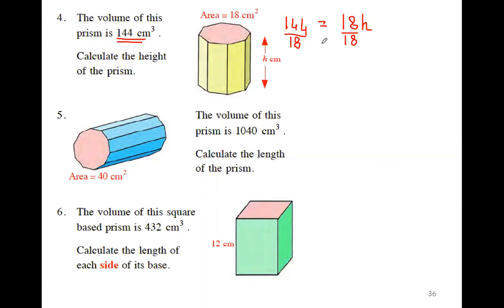And that's how you solve the equation. 144 divided by 18 is 8 centimeter. So to get a volume of 144 centimeter cube, I need to make my height equal 8 centimeter. Okay?